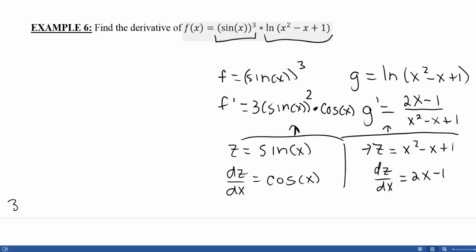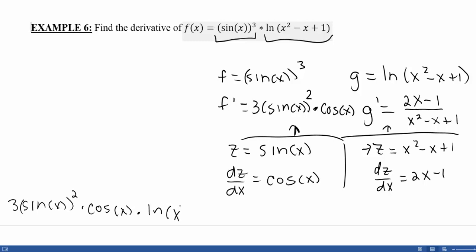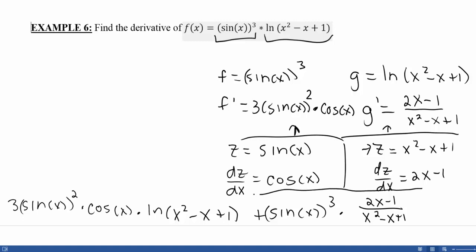So that is 3 sine of x squared times cosine of x times g, which is the natural log of x squared minus x plus 1, plus f times g prime. So sine of x cubed times 2x minus 1 over x squared minus x plus 1.